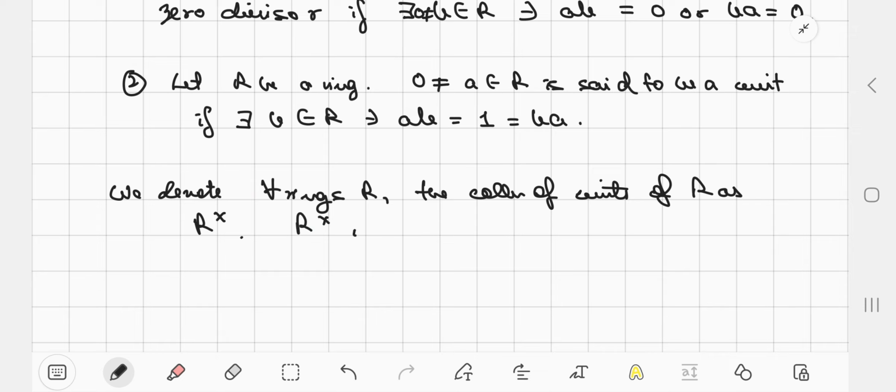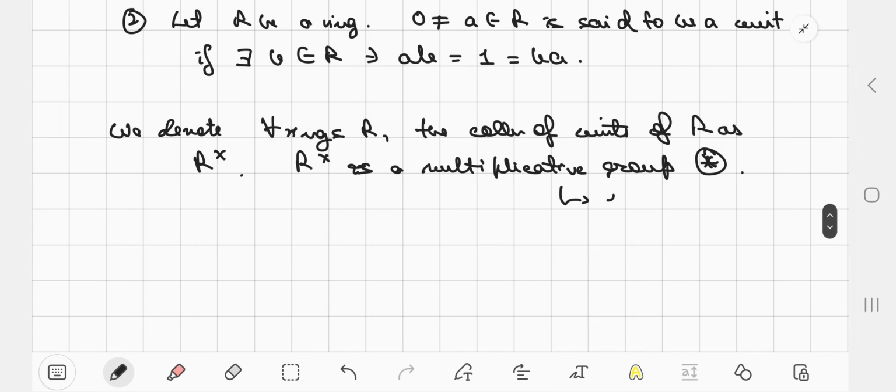Clearly enough, R cross is a multiplicative group. Try and justify this out. It's a multiplicative group, and this multiplicative group is what we call the group of units. Clear?